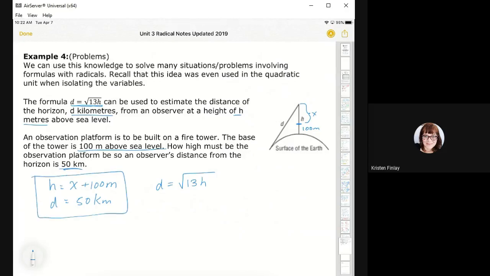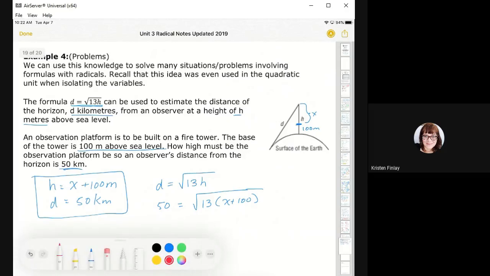And you do have to do some figuring out in terms of figuring out what h is as to where that observation platform is, etc. So D is 50, and it's root 13 times x plus 100. Now we want to solve for x, so we have to get rid of this radical. So we're going to square both sides.